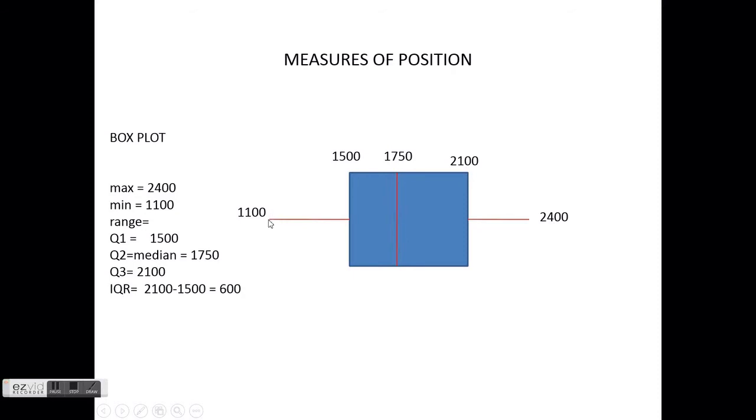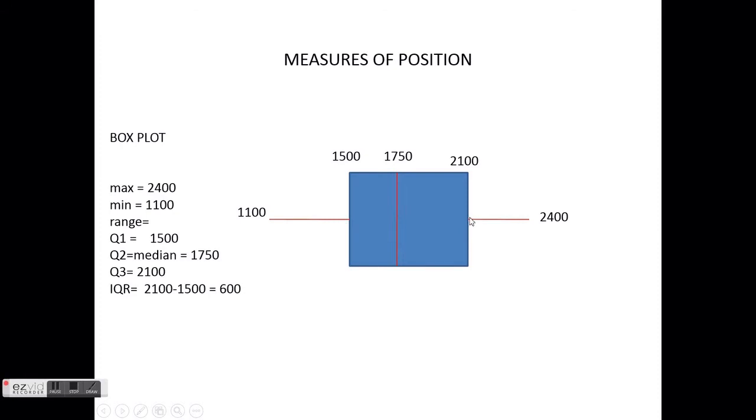Now, it's important that you try to space these things properly. In other words, you want the scale to be right. So it's 400 from there to there. It's 250 from there to there, so it's not quite as far. Then it's 350 from Q2 to Q3, so it's almost the same length as the first whisker.